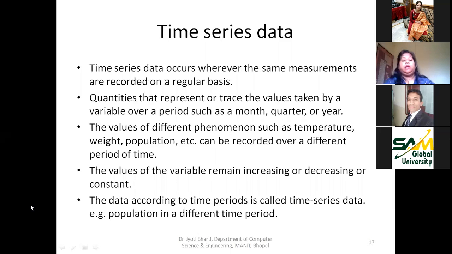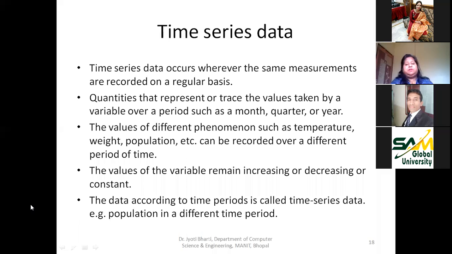Another is time series data, which occurs whenever the same measurements are recorded on a regular basis. Quantitative data that represent or trace the values taken by a variable over a period such as a month, quarter or year. The values of different phenomena such as temperature, weight, population, etc. can be recorded over different periods of time. The values of the variable remain increasing, decreasing or constant.